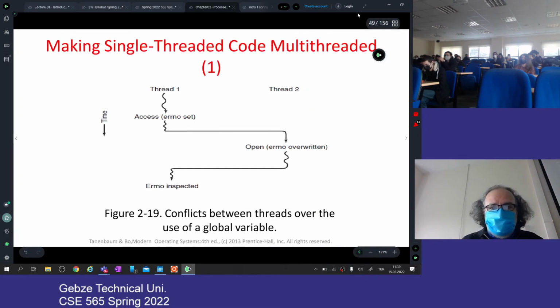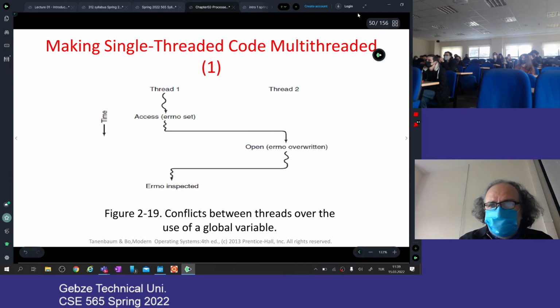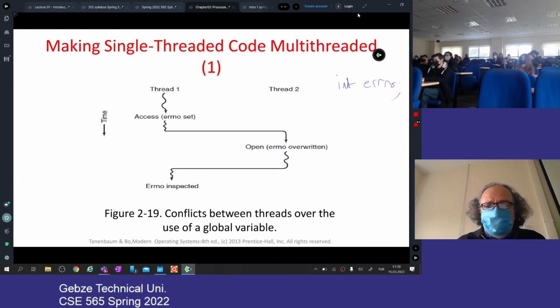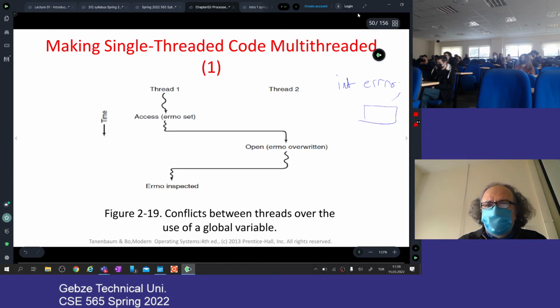Because we will have these kinds of problems. For example, thread number 1 and thread number 2. Let's say I have a global variable, int errno. It's a global integer, and thread number 1 works and accesses the errno. Let's say at the beginning the errno is 2.